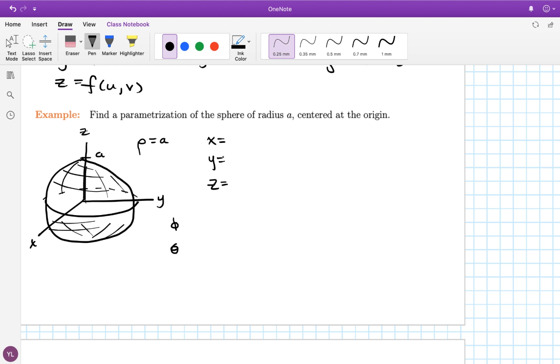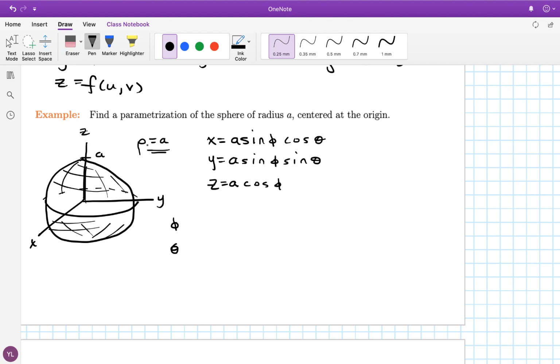If I'm talking about the surface of the sphere rho equals a, then I can set up the spherical coordinates as normal and these will trace out the sphere as I want. So this is what I mean. Okay, so there you go. I've written out x, y, and z in terms of what they are in spherical coordinates.